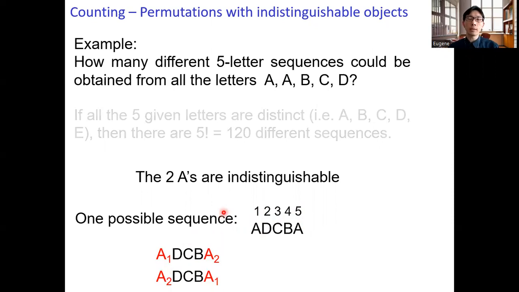But now, these 2 sequences are the same, A, D, C, B, A. So we should only count these 2 sequences as one occurrence. So somehow we must do some division in order to reduce the overcounting.